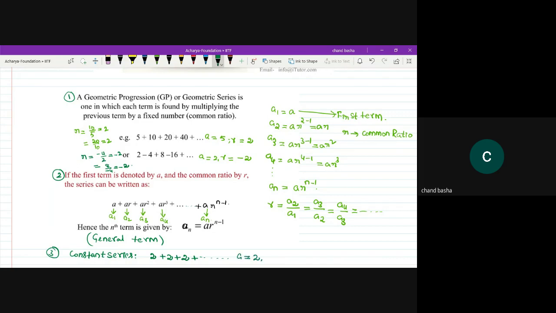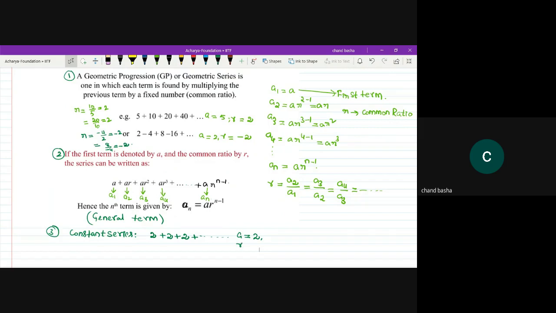What is the common ratio? r is equal to 1. Is it in GP? Yes, it is in GP as well as in AP. If you want, you can check it is also in AP. So it is in GP and AP. We can call it a constant series, a constant sequence, 2 plus 2 plus 2 plus 2 and so on.